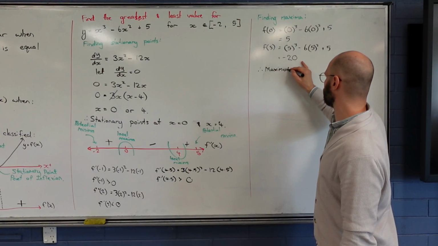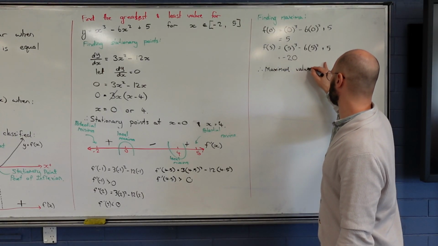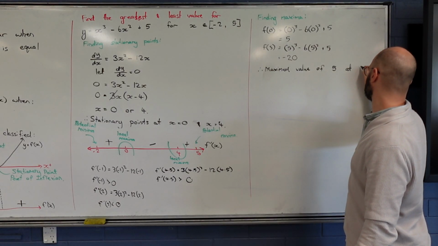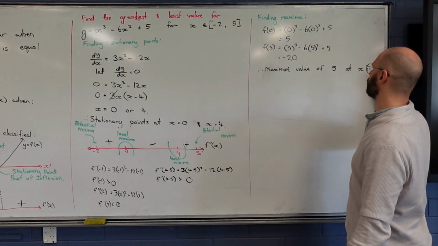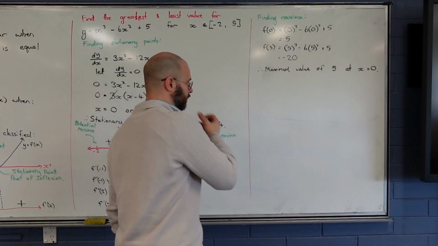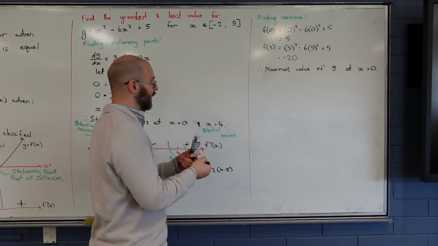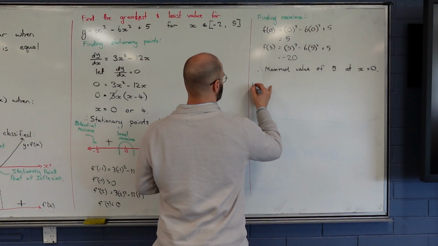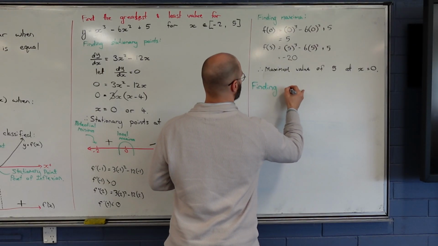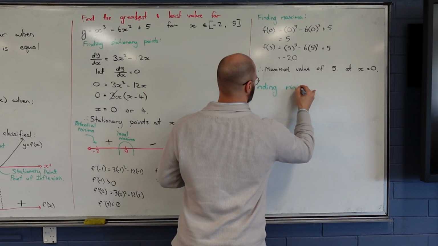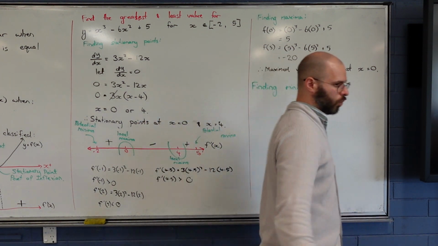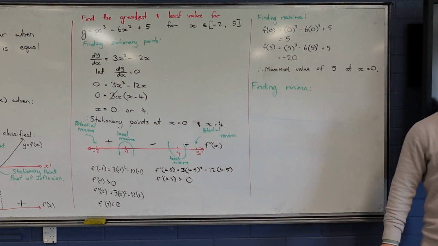What is more? Okay, maximum value of 5 at x equals 0. Finding the minima. What values should we test for?